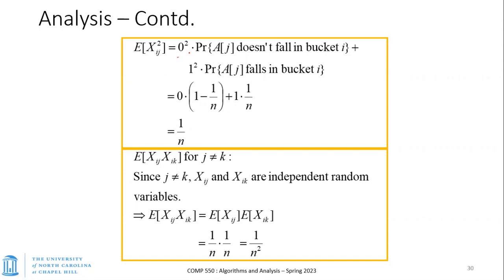You're taking 0 squared multiplied by the probability of that event happening, plus 1 squared times the probability of that event happening, because it's an indicator random variable. So it's 0 times something, I don't care what this is because this is 0, and it's 1 times the probability that a sub j falls into bucket i, and we had already seen that's 1 upon n. So it comes out as 1 upon n for the second moment.